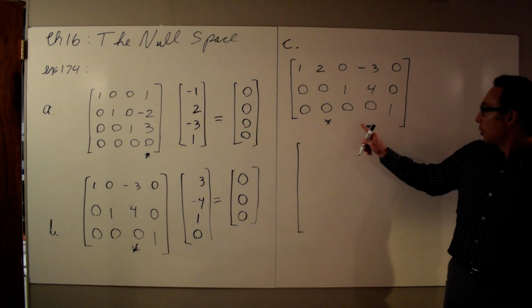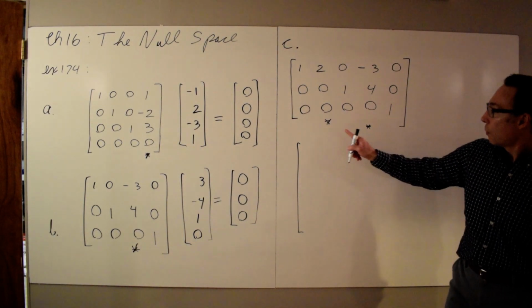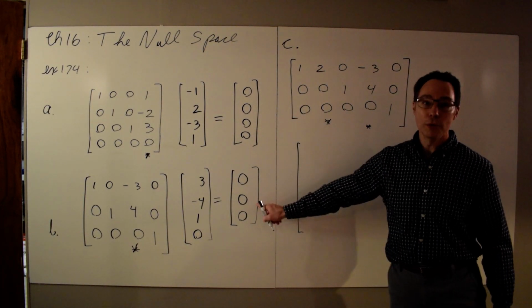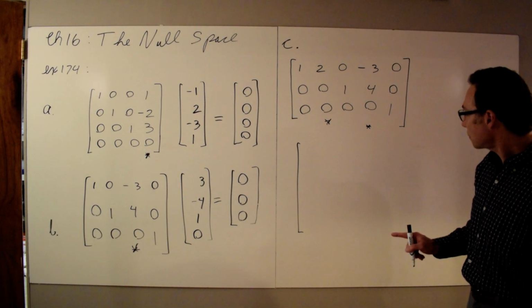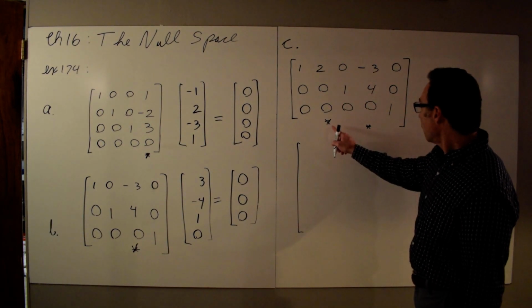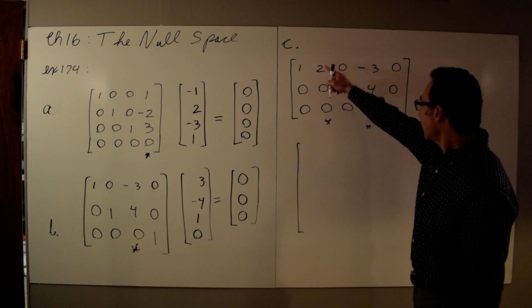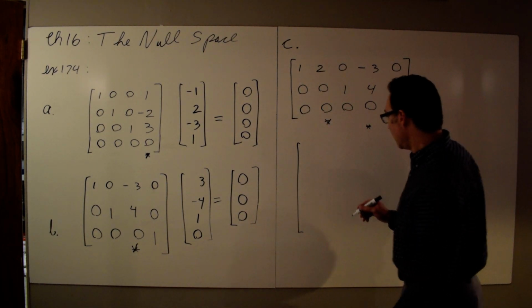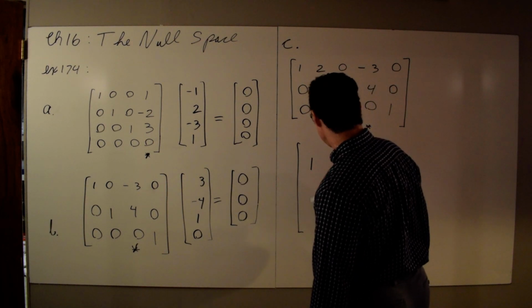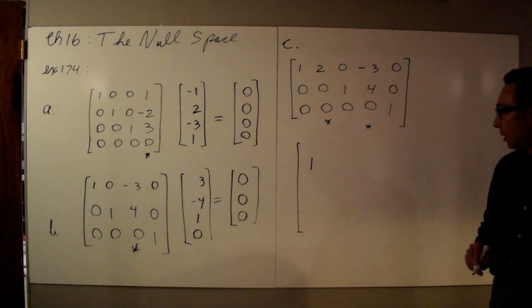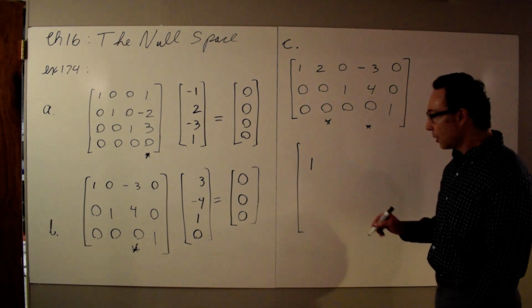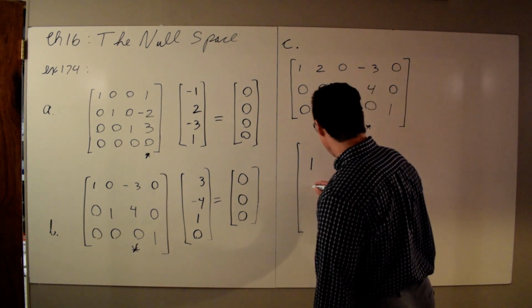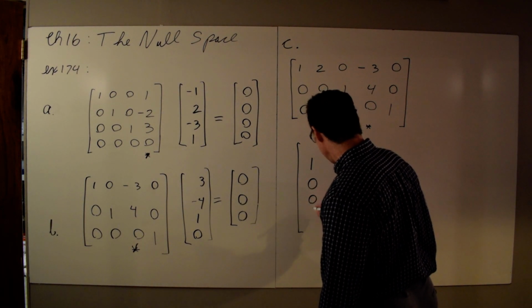So the first vector that we find, we'll find the same way that we did with the previous two examples. So here our second column is a free column. So we'll make the second component a 1. Everything below it is a 0.